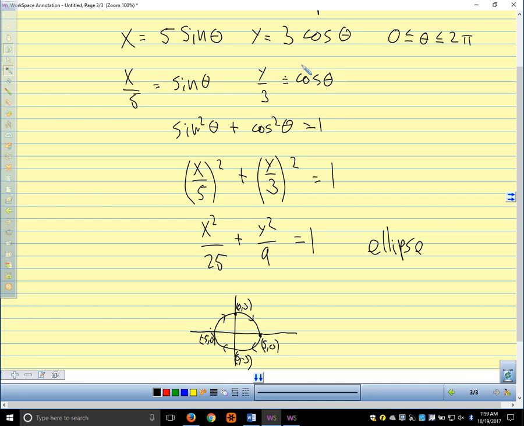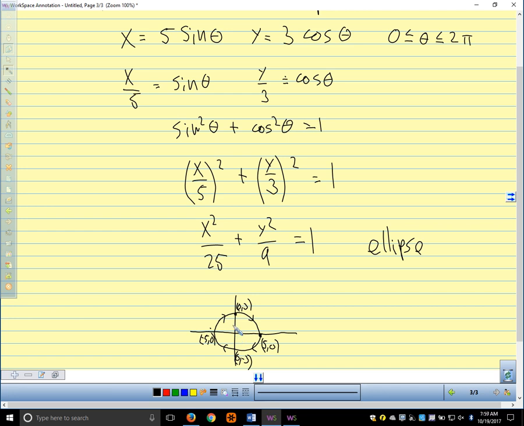Our x coordinate would then start at 5 and go to 0. Yeah, Kyle. I'm really confused on that. What did I tell you? Orientation. So I started with theta equal to 0 and plugged that in. When theta is 0, sine of 0 is 0, so x is 0.